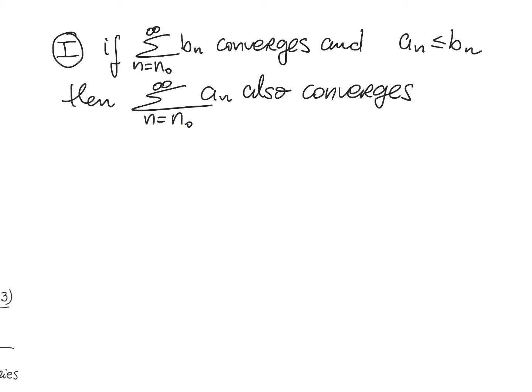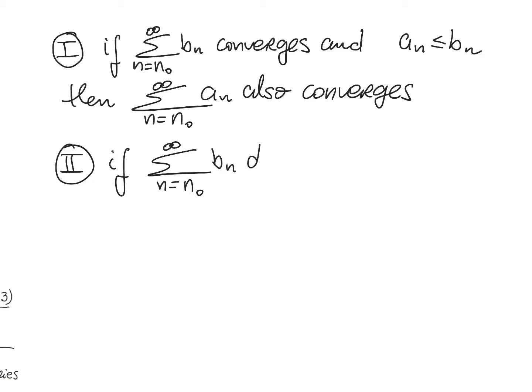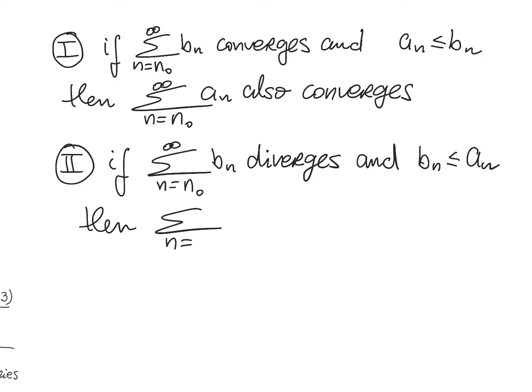And then the divergence part of the comparison test is if the b sub n series diverges, and b sub n is always below a sub n, then the a sub n series diverges.